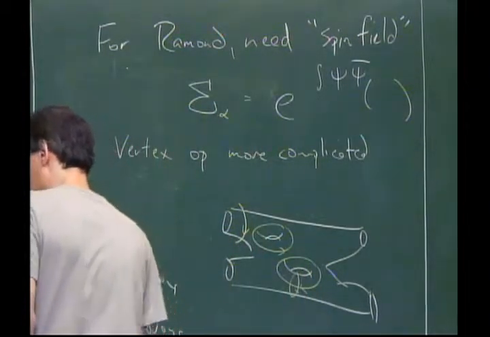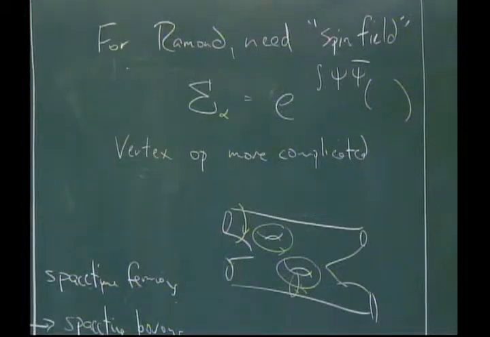So that corresponds to having different spin structures on the surface. And the amplitude is only the complete amplitude after summing over the spin structure.